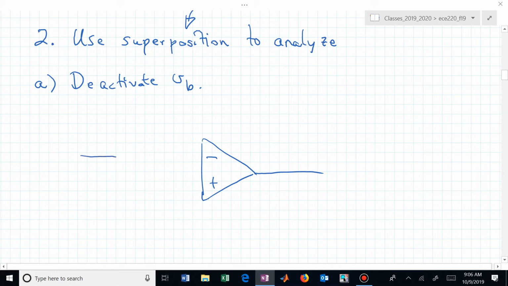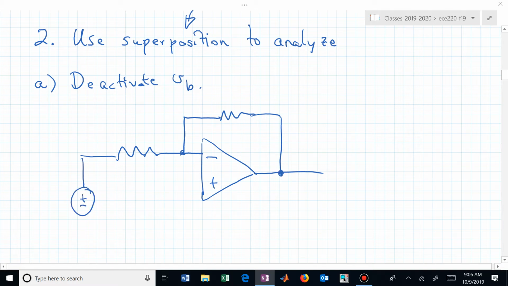I haven't changed anything in the inverting part of the circuit.